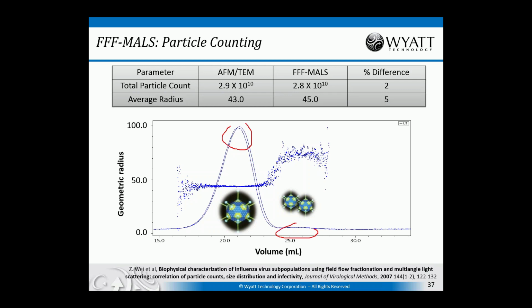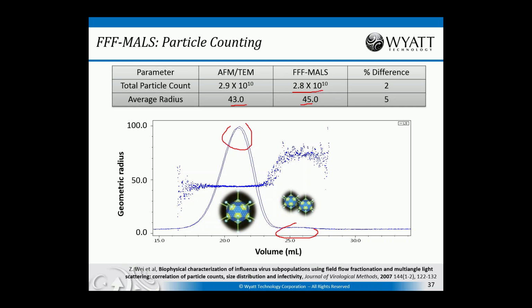And this publication did that for these adenoviruses. They also counted them using an imaging technique, electron microscopy or force microscopy, and found essentially the same values in terms of the average radius of the particles and the number density of the particles, a difference of just a few percent.